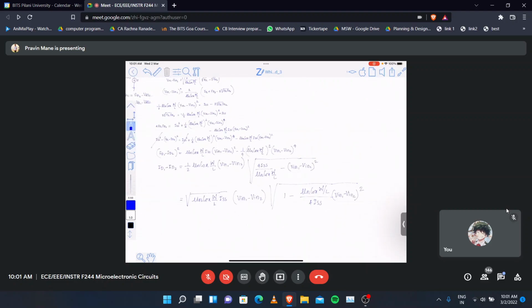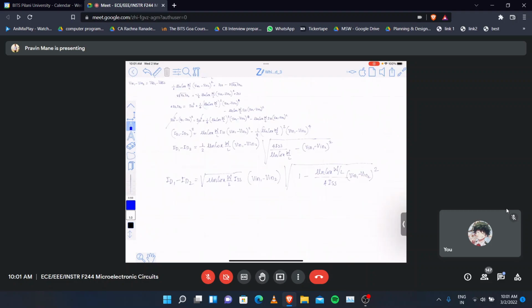Agree? Why have I written it again? I want to show you what condition should hold if this circuit is to work: ID1 minus ID2 should be a linear function of Vin1 minus Vin2.